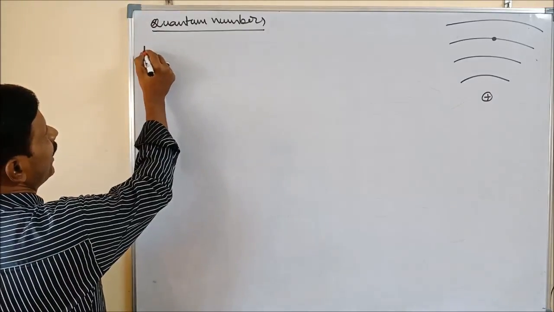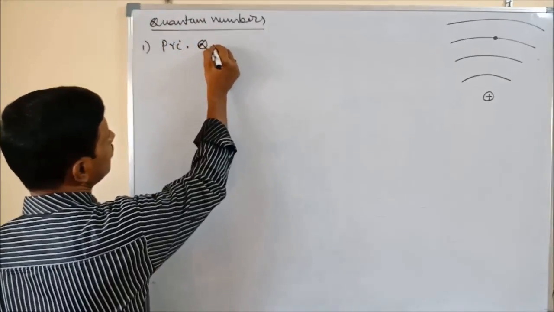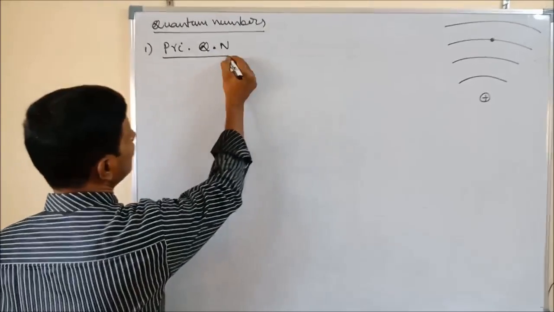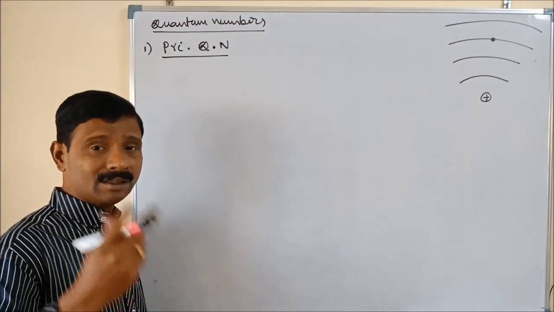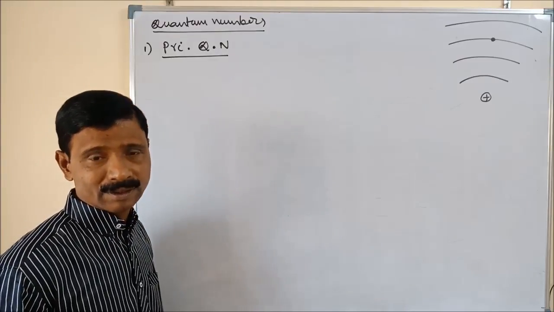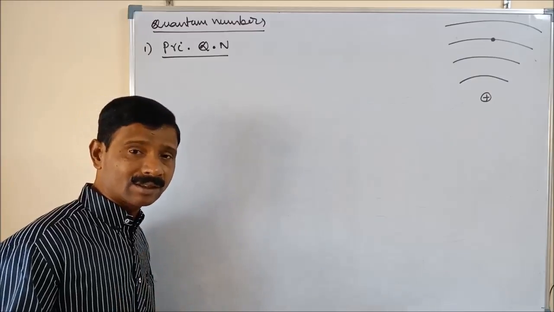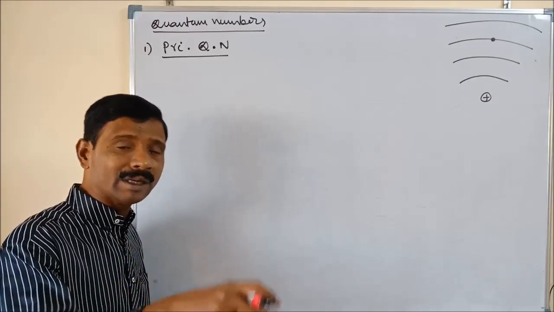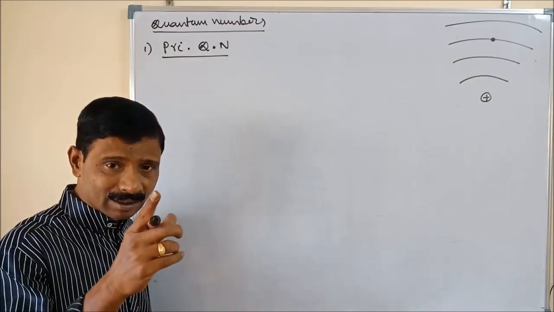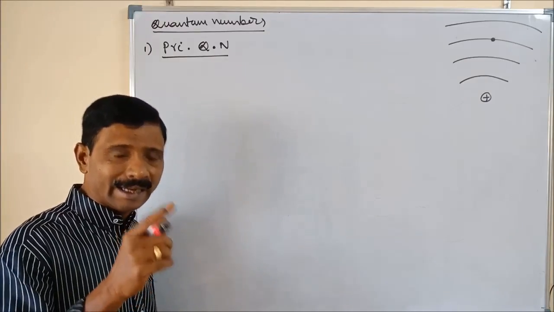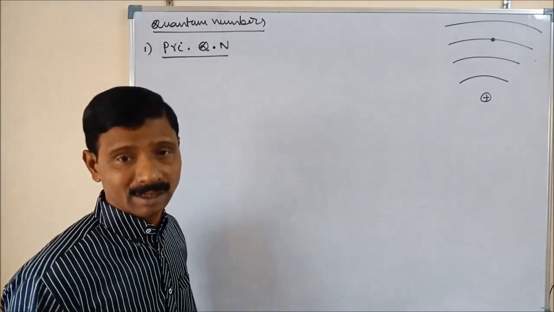So, the first one is principal quantum number. Now, what is principal quantum number? If you recollect the postulate in Bohr's model, in a stationary orbit, the angular momentum of an electron is an integral multiple of h by 2 pi, where that integer is nothing but n, and that n is the principal quantum number, which is the number of the orbit.